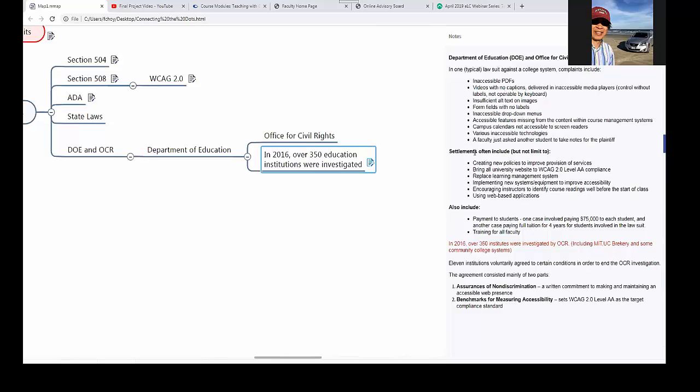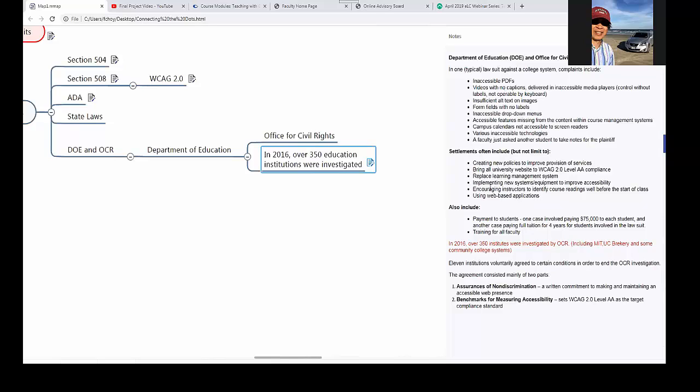Now let's look at the settlements, which often involved, included, but were not limited to: they have to create a new policy to improve provision of services district-wide. They had to bring all the university websites into WCAG 2.0 AA compliance. They have to replace the learning management system. Isn't it funny?